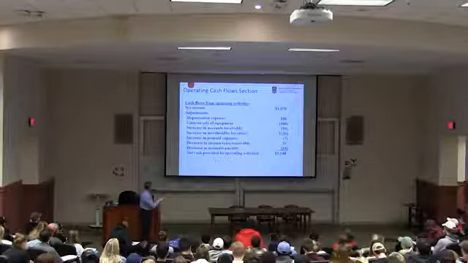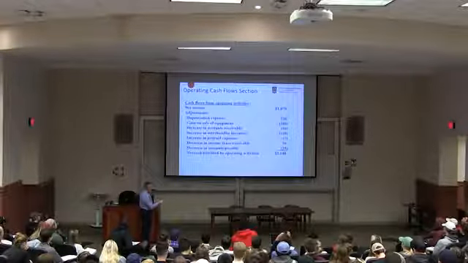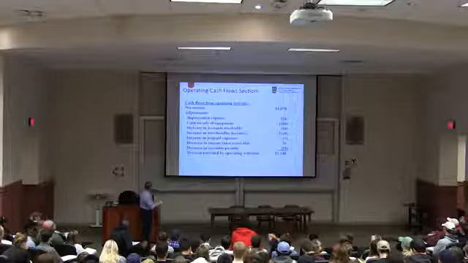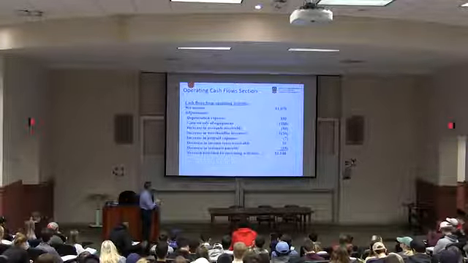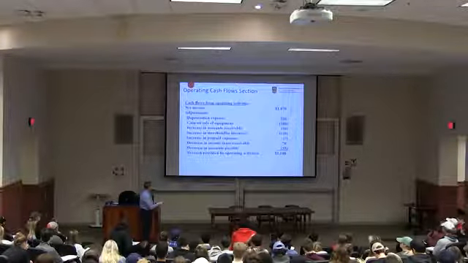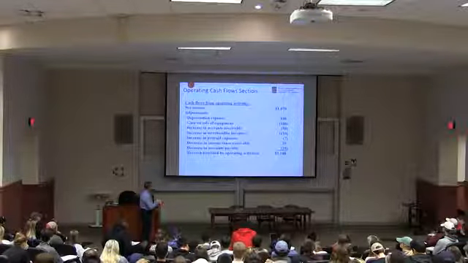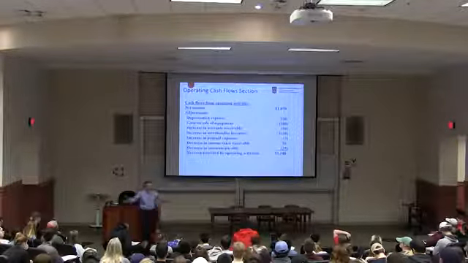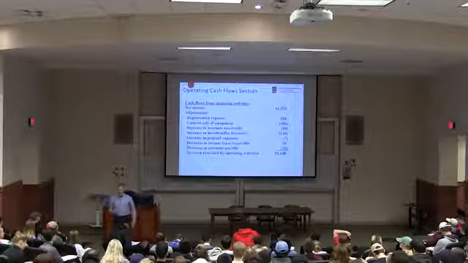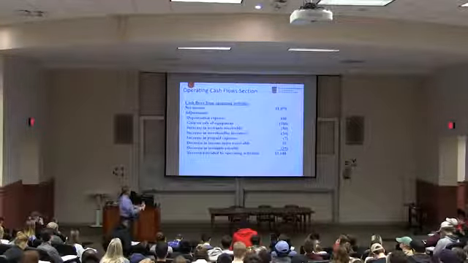And I'm going to subtract it. I have the increase in inventory. I'm going to subtract that number. Increase in prepaid expenses, subtract that number. Decrease in income taxes payable, I'm going to add that number. And decrease in accounts payable, subtract that number. Net income plus or minus all those adjustments, what do I get? Operating cash flows. This is, again, the indirect method of calculating operating cash flows.